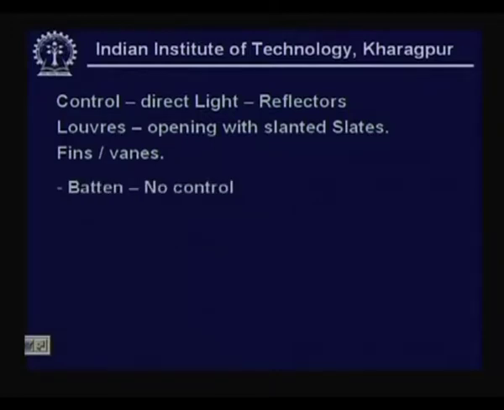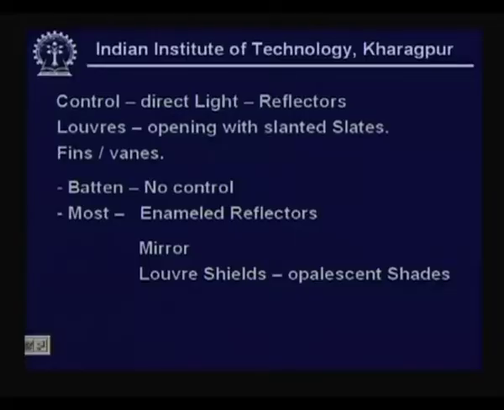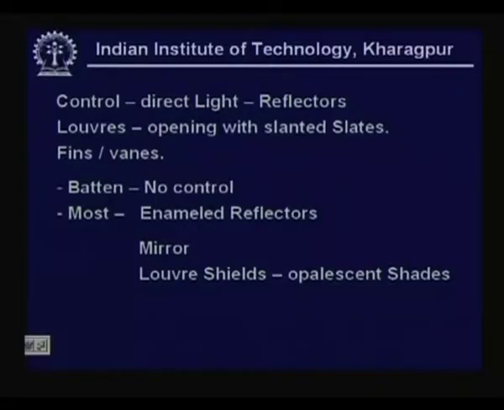If you take a simple batten type of fluorescent lamp, there is virtually no control. Light goes out in all directions, and whatever comes below on the task is what is available for the task. The next most common thing is enamel reflectors. I told you, even the simplest of the luminaires, which we call lamp shades, are nothing but enamel coated metal conical reflectors. The next best would be to have mirror reflectors, and you could have louver type shields at the bottom.